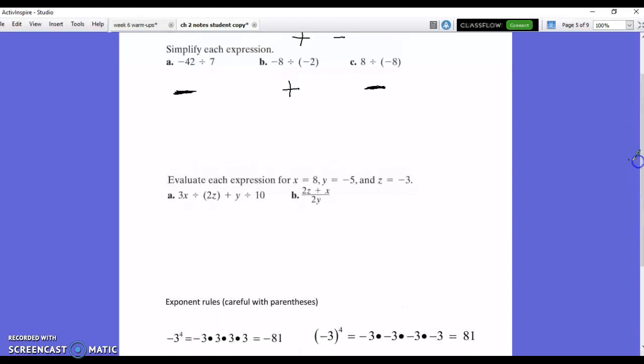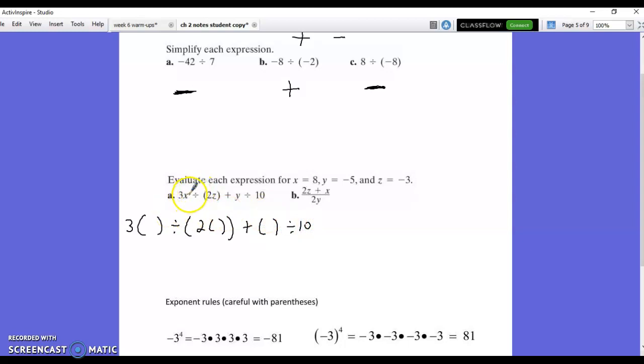Okay, two more substitution problems that we're going to do. Again, these are a little bit longer, so I'm going to type these in again with the parentheses like we just did. So I'm going to do 3 times my x, which I don't know yet. I do, but I'm going to wait to put it in, divided by parentheses 2 and then my z, plus my y, which I don't know, divided by 10.